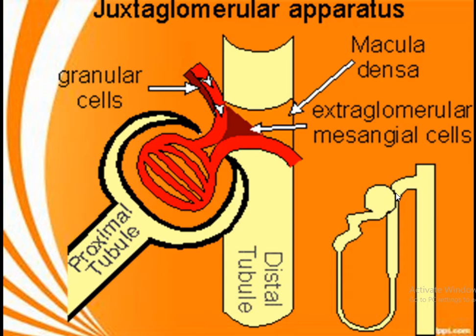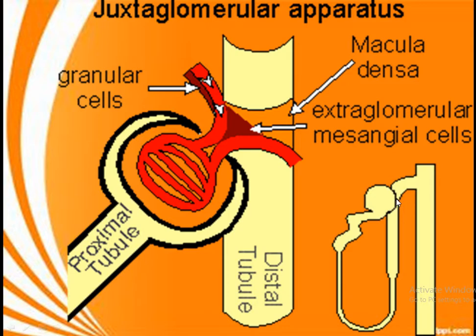For that you must remember 2-3 points. Number 1, this specific part which contains the macula densa is very close to the glomerulus, Bowman's capsule of the nephron. So you can see this one. Actually they are present in this form.